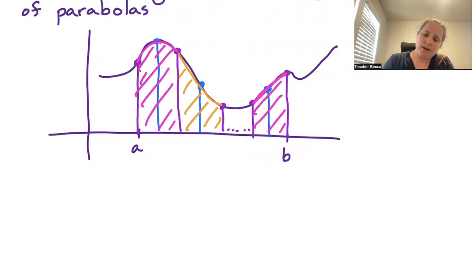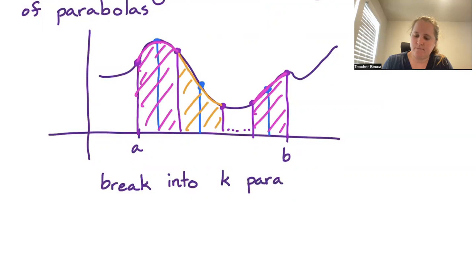So if we break into k parabolas, then we actually have essentially 2k intervals, since each of those parabolas itself is made up of 2 segments, or 2 intervals to get that third point.